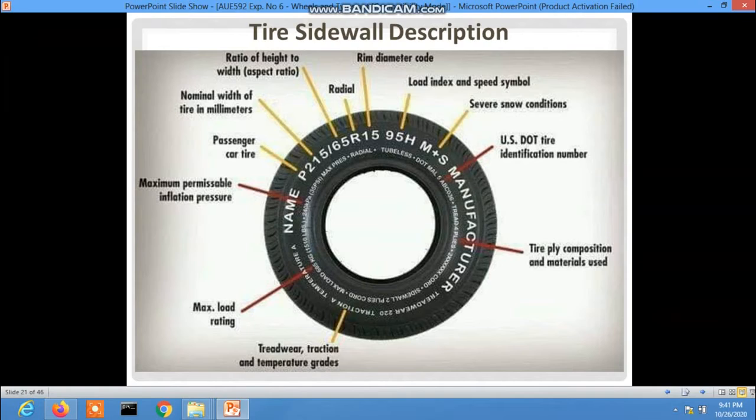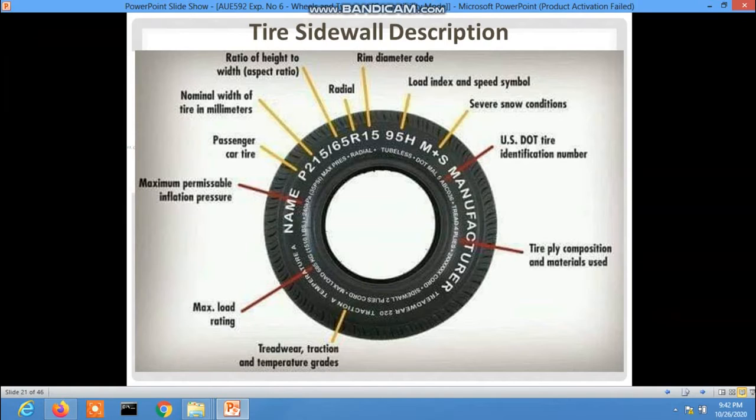Now 215 is the nominal width of the tire in millimeters, 65 is the ratio of height to width, that is the aspect ratio. R means radial, and 15 is the rim diameter, 95 is the load index, and H is the speed index.